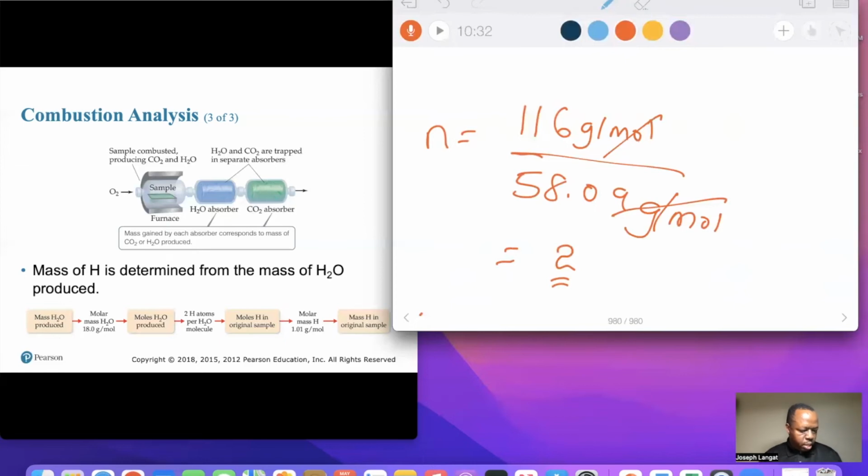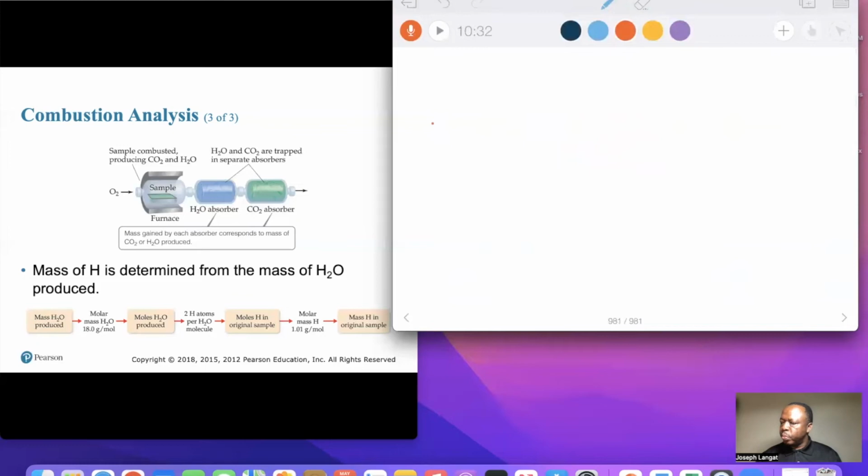So the molecular formula is given by the empirical formula C3H6O times 2.